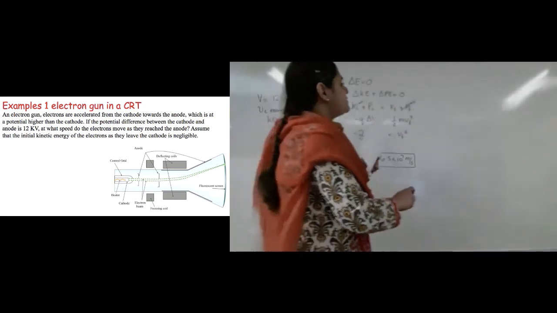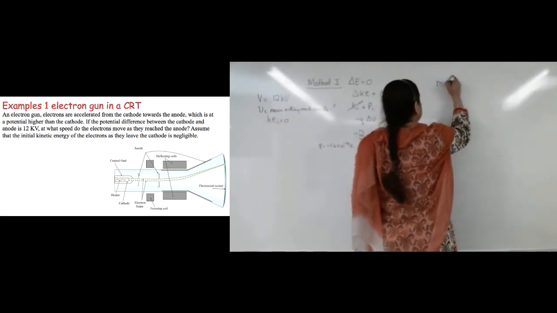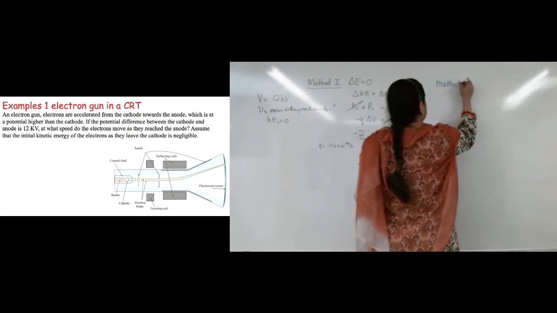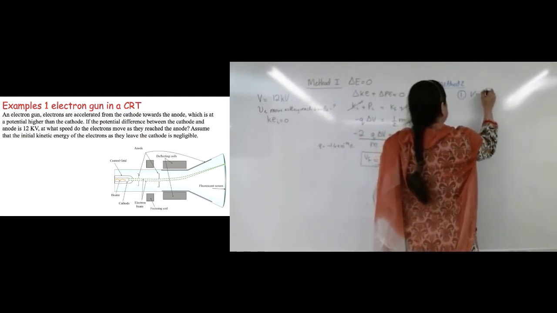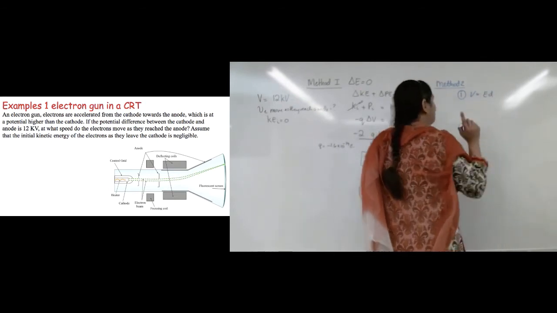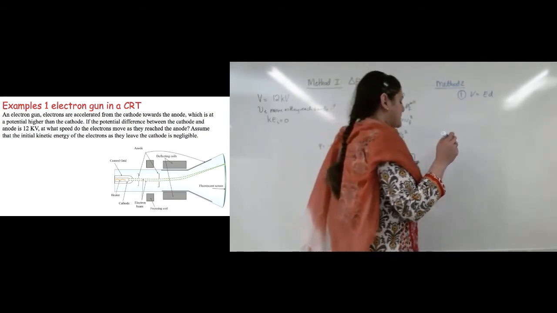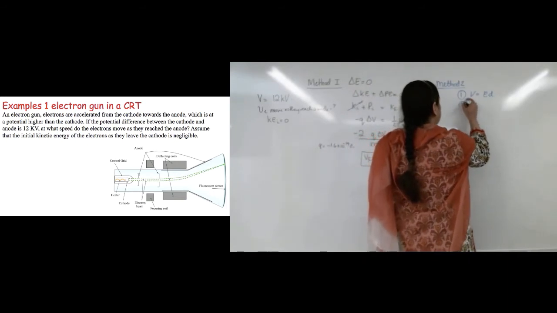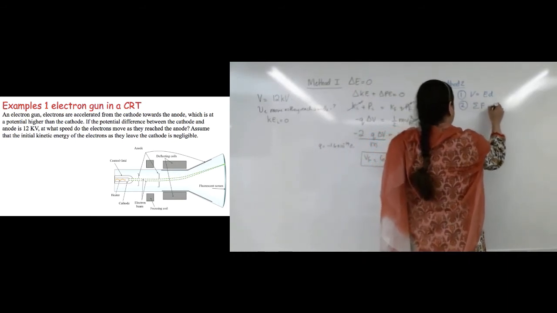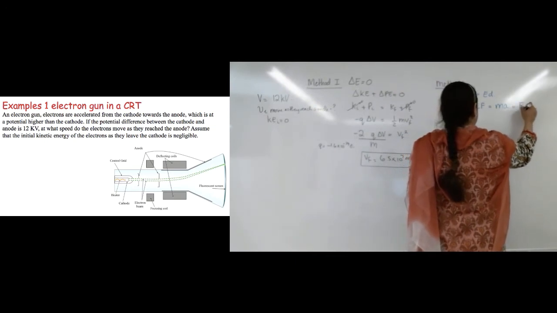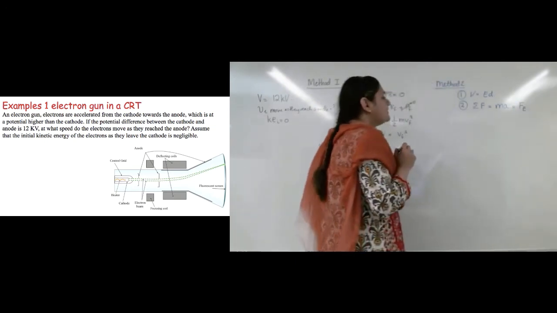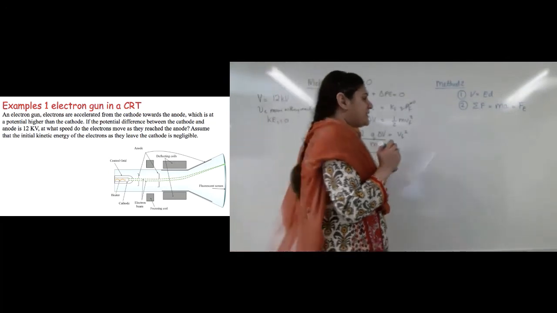Now, method 2, I am going to use Newton's second law. What do I know? I know V equals Ed from the last movie. We talked about this. I also know sigma F equals ma equals FE in this case, which is the only force that's acting on this system, right?